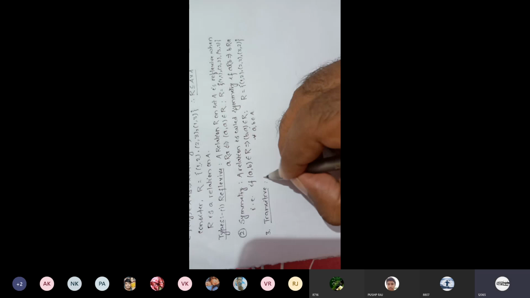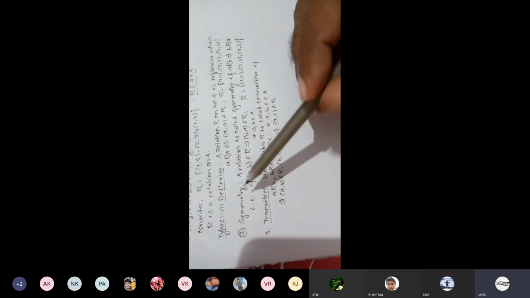The third one is transitive. The relation R is called transitive if A related to B, B related to C implies A related to C, for any A, B, C belonging to A. What does A related to B mean?